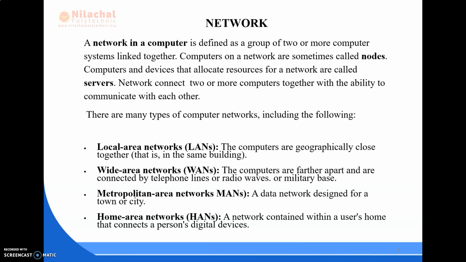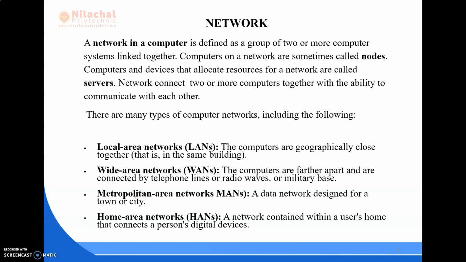The computers that are geographically close together, or cover a small area, that is bounded within a small area, or we can say the network in the same building or the same institution or the same house, is known as LAN.